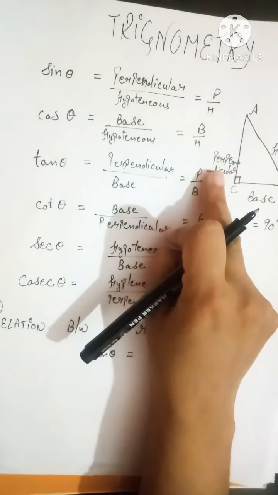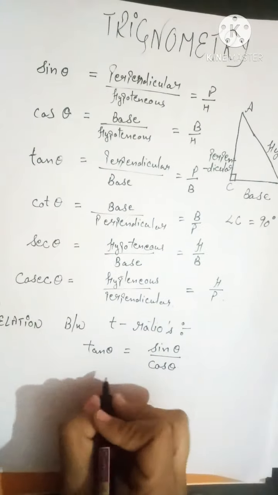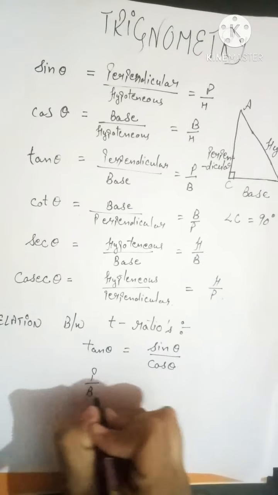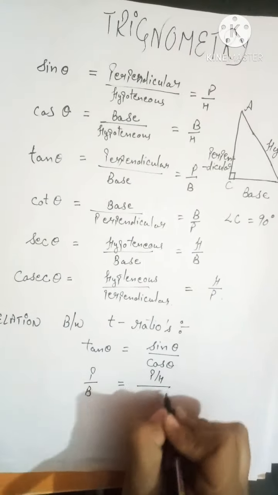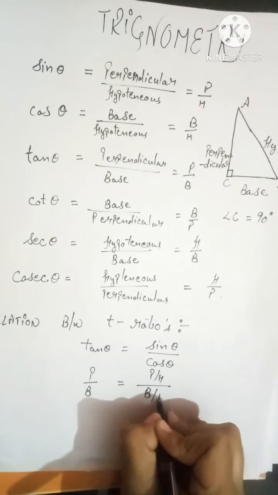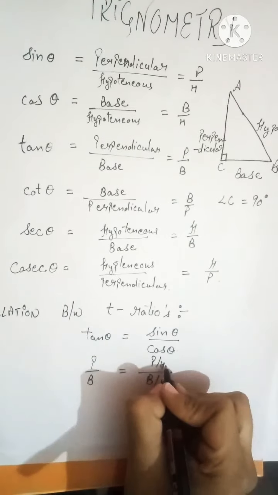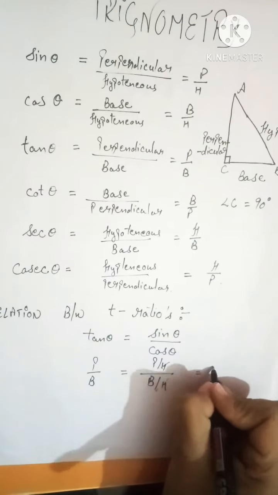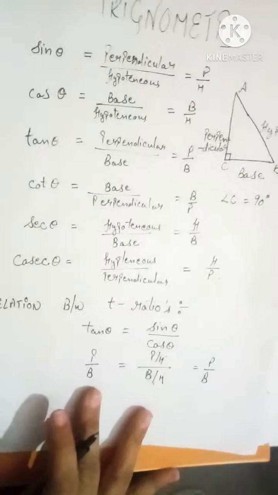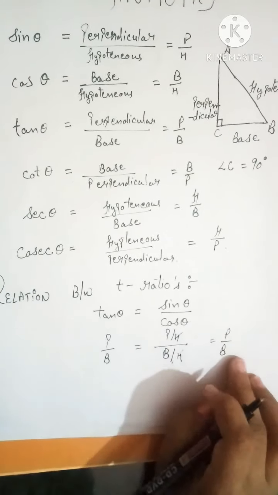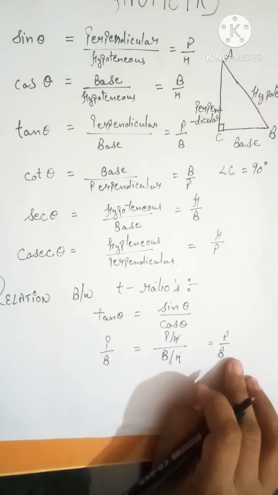We have tan theta is P upon B, and sin theta is P upon H, cos theta is B upon H. This H gets cancelled with this H and we get P upon B. This is the relation between tan theta and sin theta, cos theta, as P upon B is equal to P upon B.